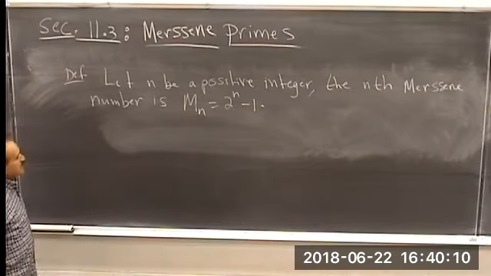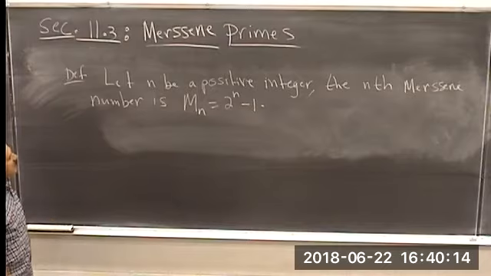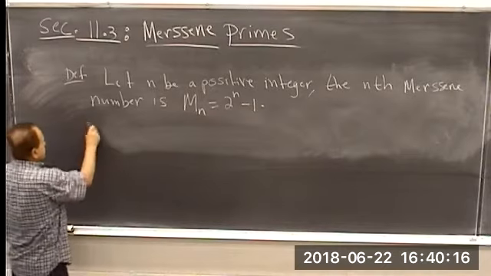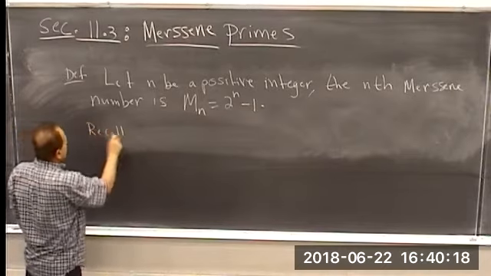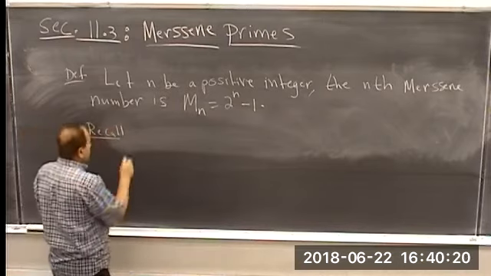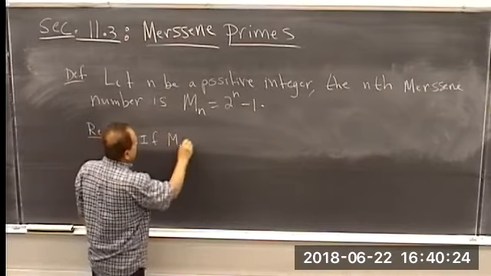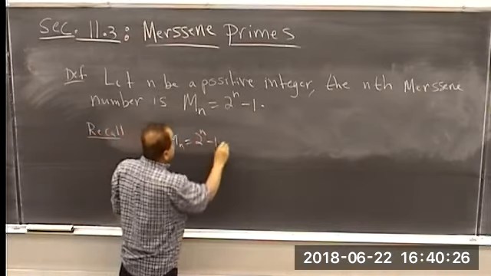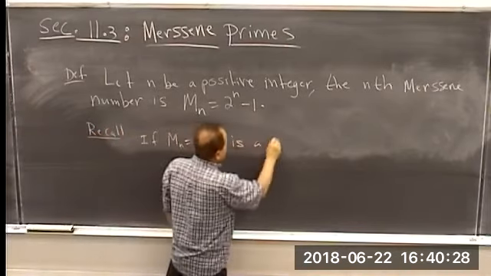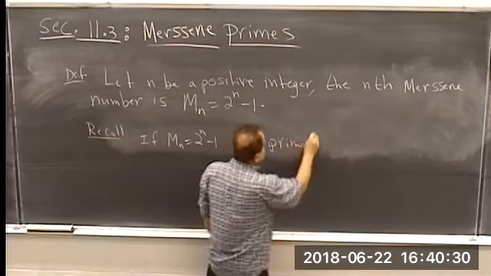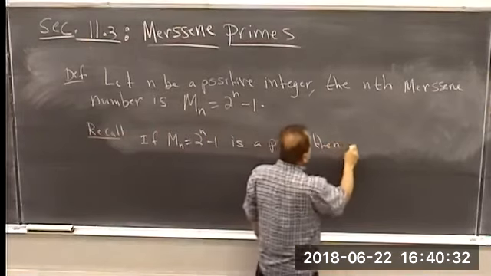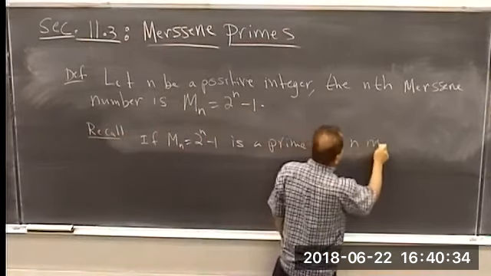Now, a Mersenne prime, on the other hand, in order to define it, let's recall that if M sub n is a prime, then n must be a prime.